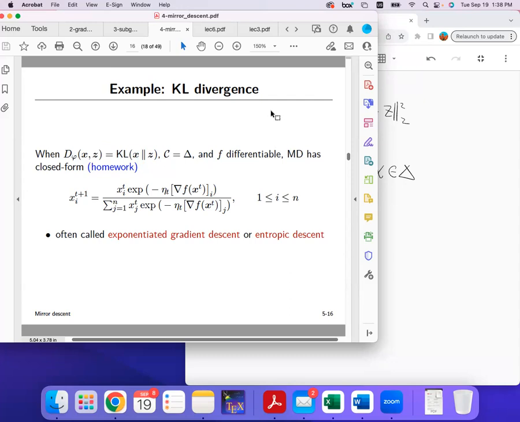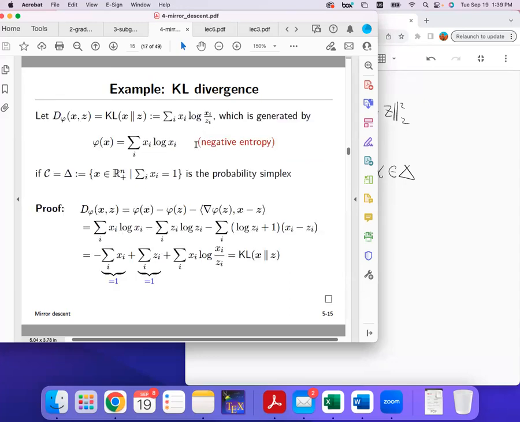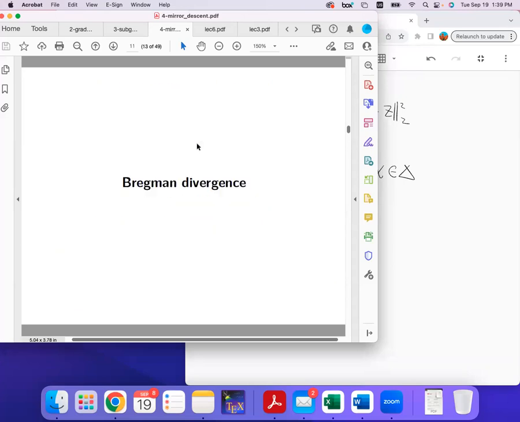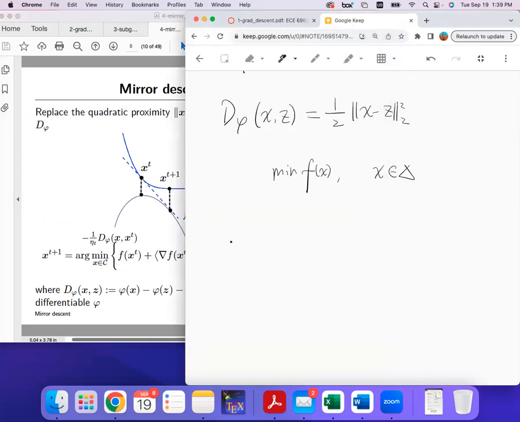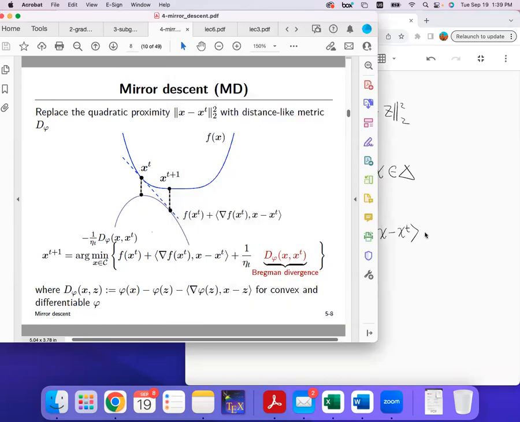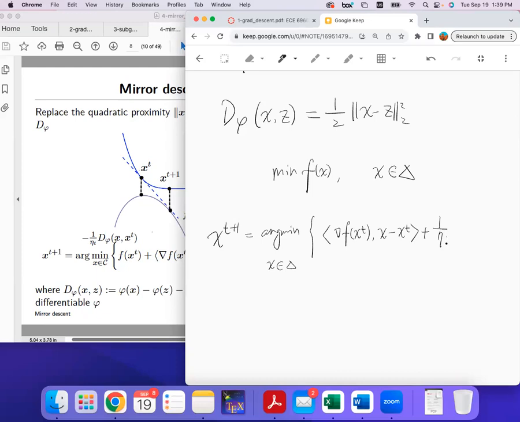So the mirror descent will become simply this: we have this dot product term plus 1 over eta t times the Bregman divergence.